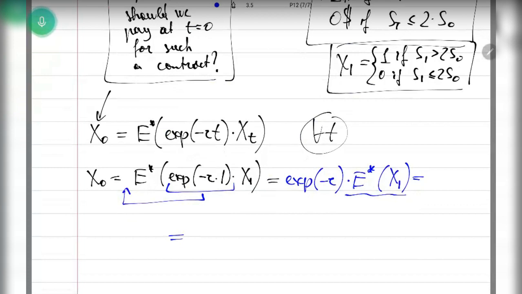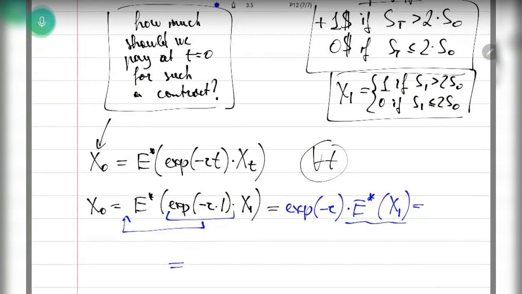That's an easy question. If you have a random variable that takes two values, how do you calculate the expected value of this random variable? Anyone? How to calculate the expected value of a random variable that has two values, 1 and 0?